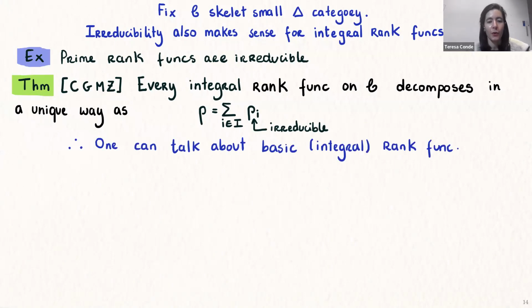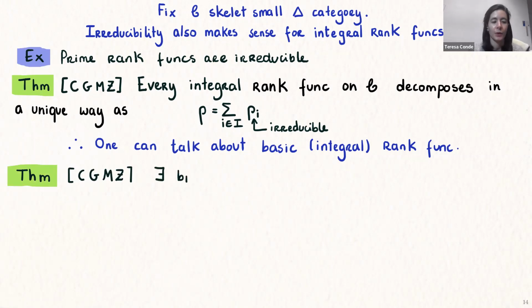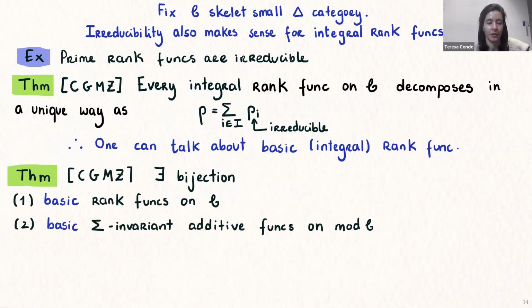Okay, so as before, it makes sense to talk about basic integral rank functions, i.e. the integral rank functions such that there are no repetitions in their unique decomposition expression. And now, using the notion of a basic rank function, we can prove an analog of the bijection results we have seen before for additive functions.